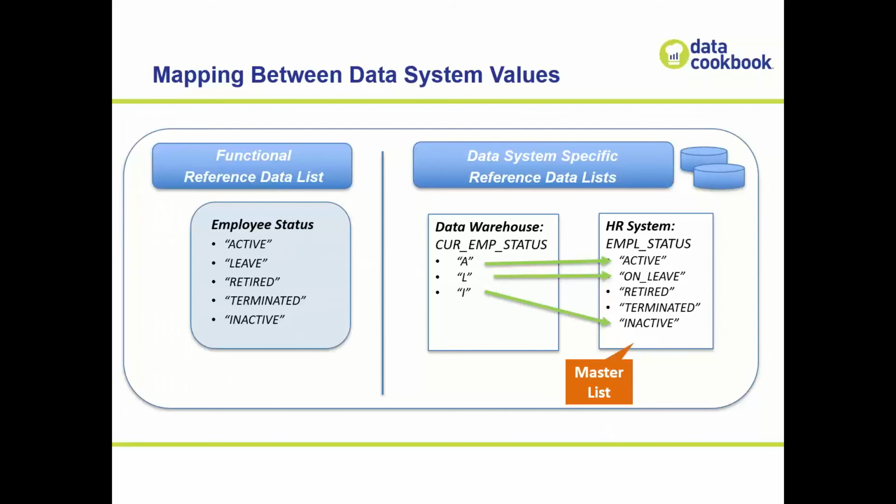There are reasons you want to map between one system and the next, particularly for integration. We'll talk about that a bit later. For the purpose of documentation and governance, we recommend mapping things to the master list. So everything maps to the master, and you don't have to maintain all of the point-to-point integrations, because you can derive the rest if you know how things map to your master list. Your master list can be a functional list that's a standalone thing outside of any data system, or you can pick one of your data systems as your master, depending on what makes sense per code.